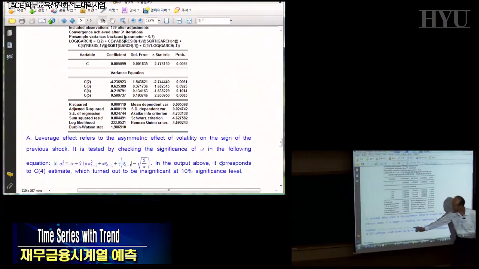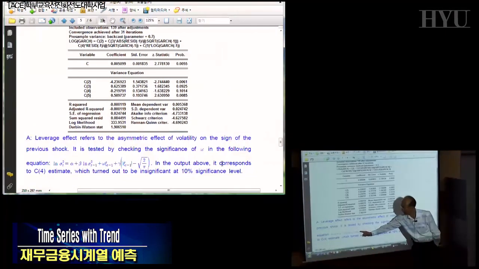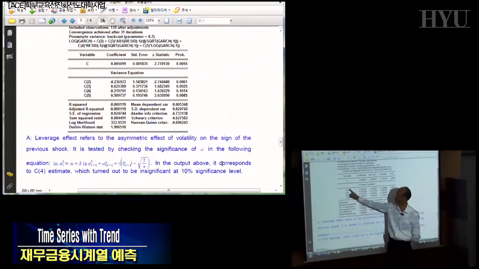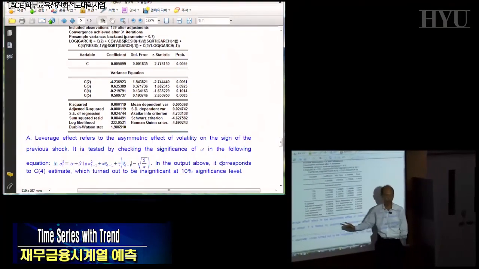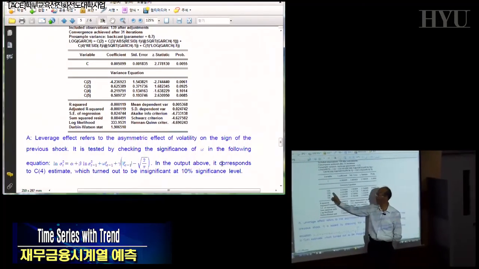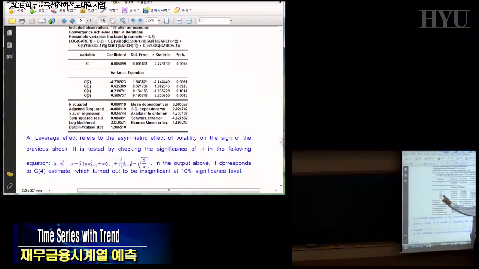So you need to find which term? This one. And you can read up, those are the coefficients. And this is the coefficient corresponding to that. Then you need to find the value corresponding to this parameter, this parameter, this parameter.